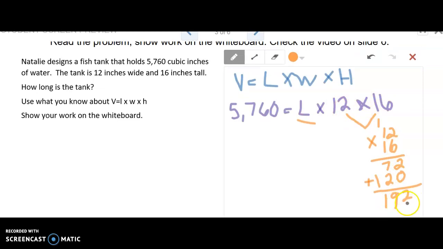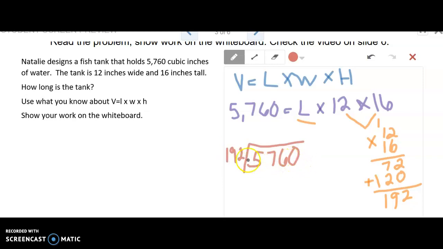So I'm going to take that product and divide it into 5,760 because that's going to give me my missing number for my length. All right, so let's write this out. 5,760 divided by 192.